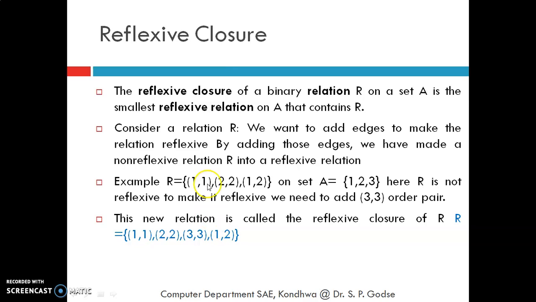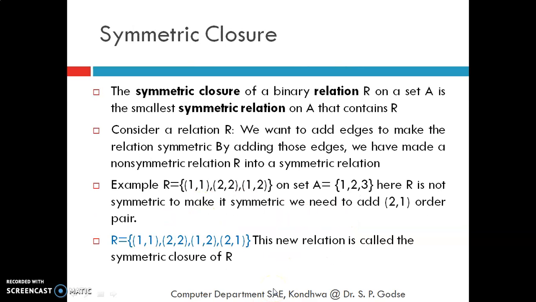And one more condition is that it should be minimum, or we can say the smallest reflexive relation, because we can add extra pairs in it, but we have not added them. For example, we can add (2,1), since (1,2) is there, but that pair is not added because it's not required. So the minimal, or smallest, reflexive relation satisfying the property of reflexivity is called the reflexive closure of the given relation R.